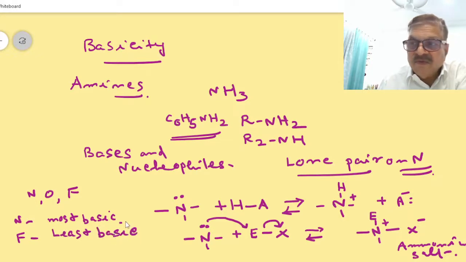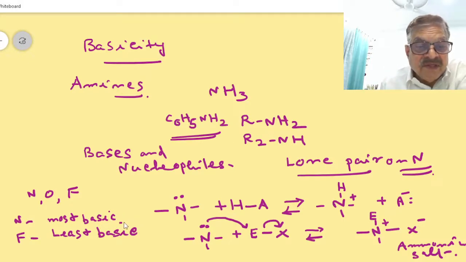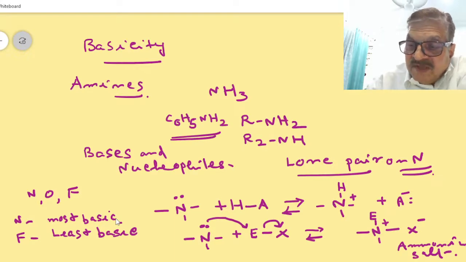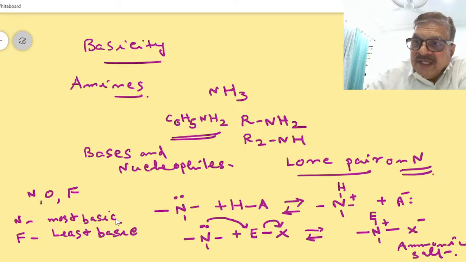When we are moving from left to right of the periodic table, nitrogen is the most basic and most nucleophilic. Not only basic, but nucleophilic also here. Correct. Most basic and most nucleophilic of the elements in the second row of the periodic table here. That is a basic factor about amines here.